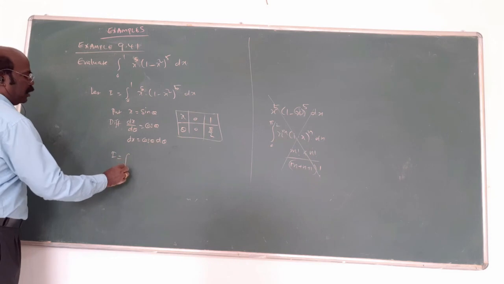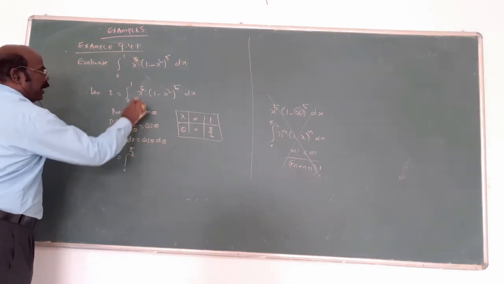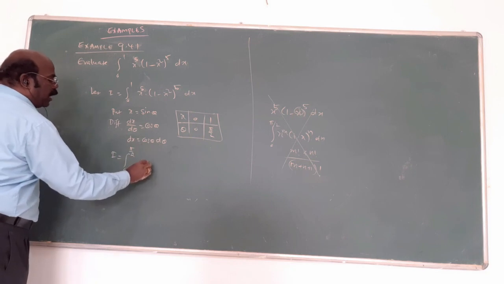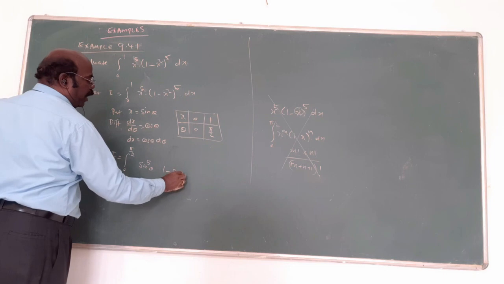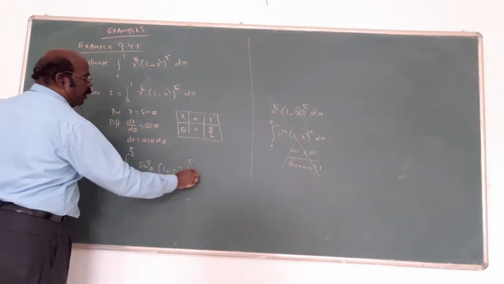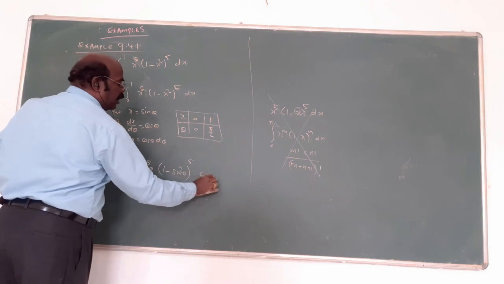Now substitute here: 0 to 1 becomes 0 to pi by 2. x is sin theta, so sin power 5 theta, times 1 minus sin square theta whole power 5. Outside the bracket dx is there, and dx is cos theta d theta.